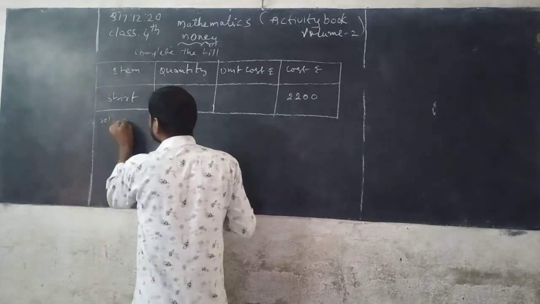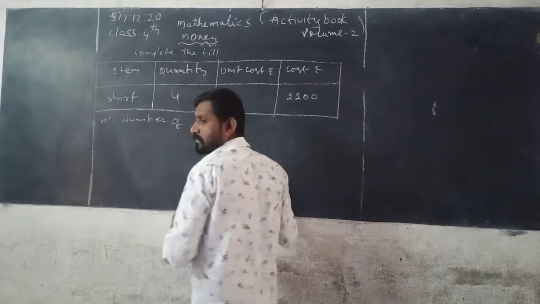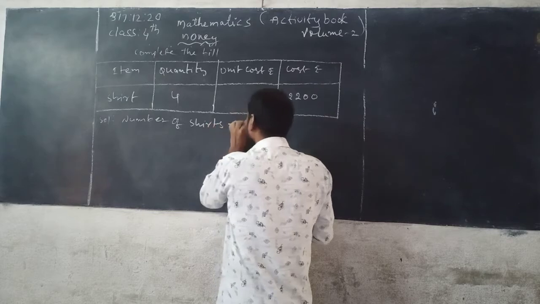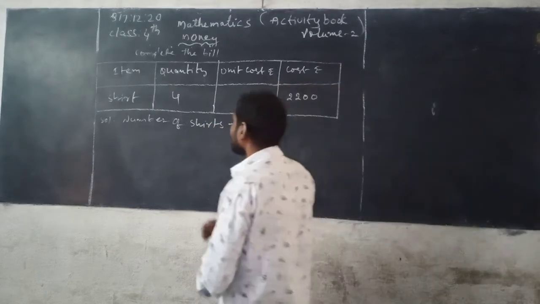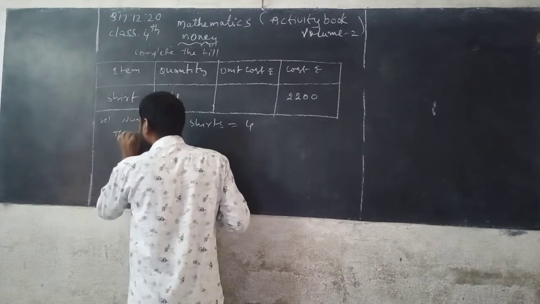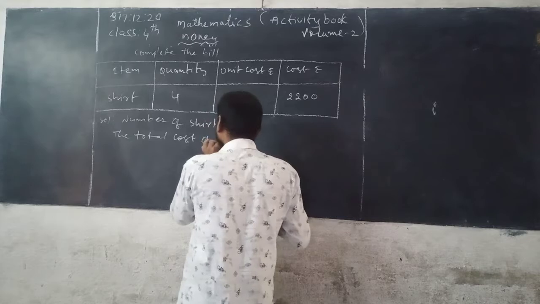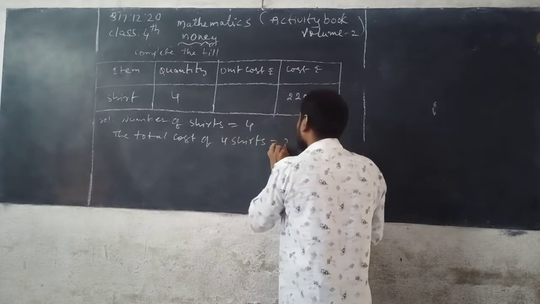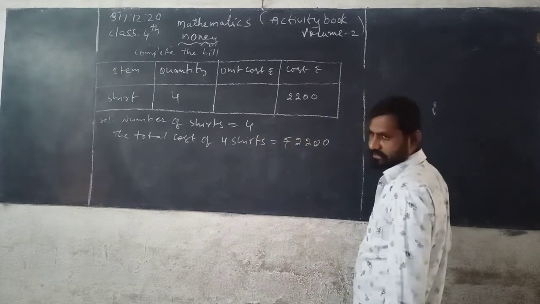Number of shirts is equal to 4. The total cost of 4 shirts is equal to 2200.